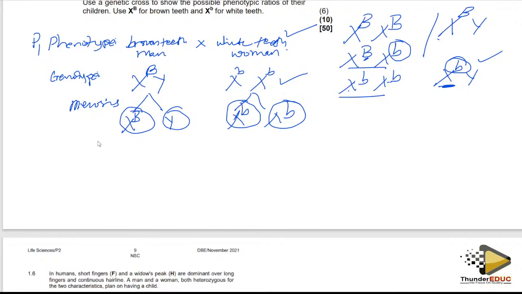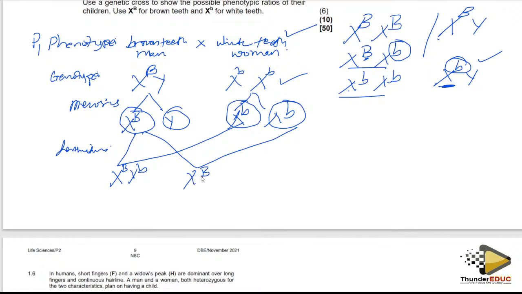Then after that you have to do what you call fertilization. Here, you can use a Punnett square or you can cross. Let me just use a cross. The next time I will use a Punnett square. So capital B with small b, this with this, capital B, small b.